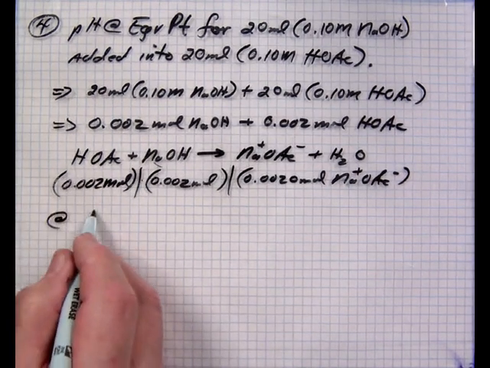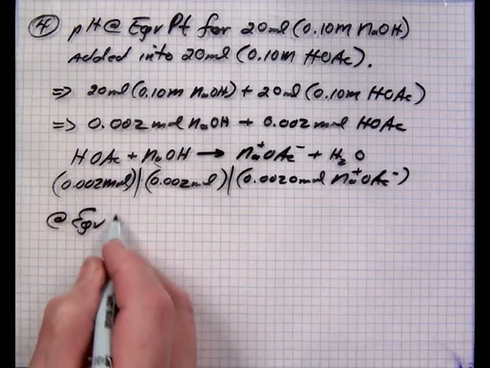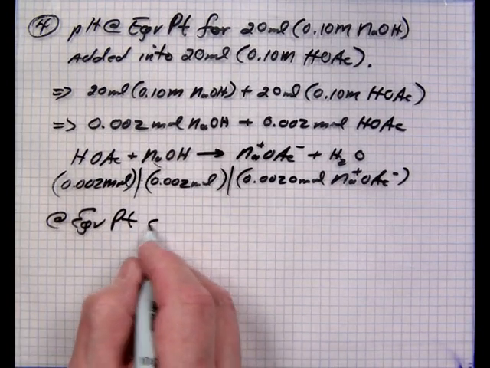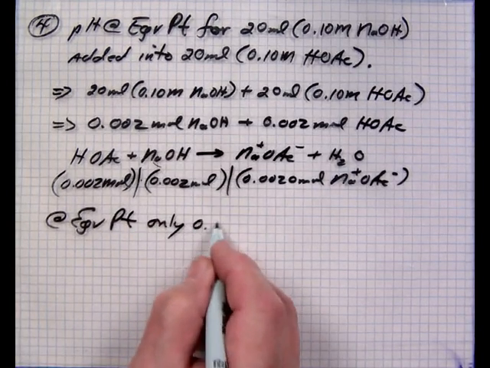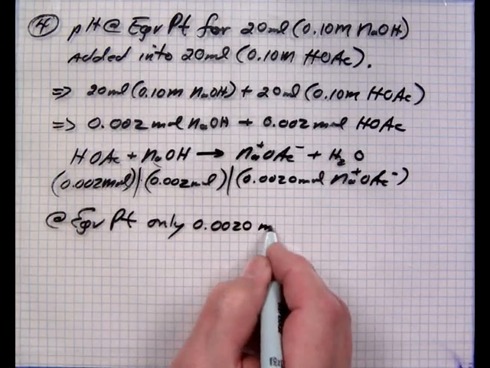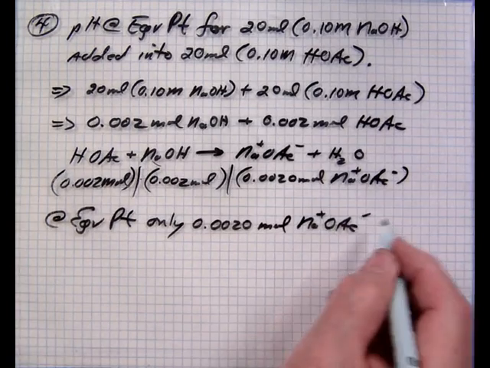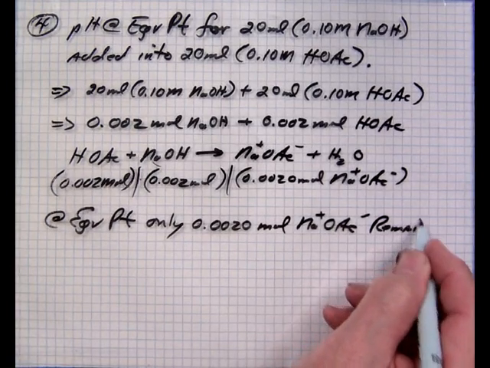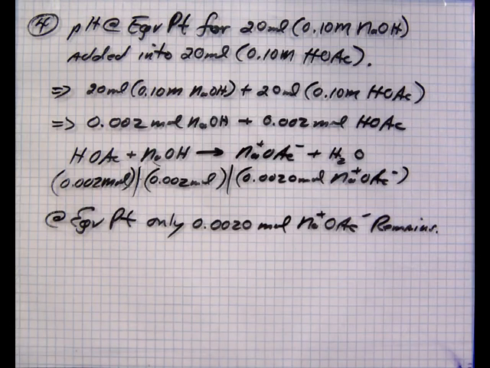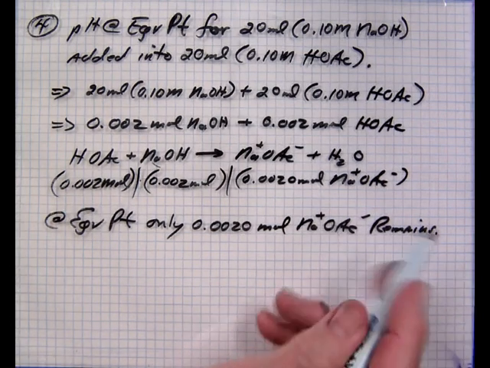So at the equivalence point, only 0.0020 mole sodium acetate remains. And from that we can determine the pH from the effect of the acetate.